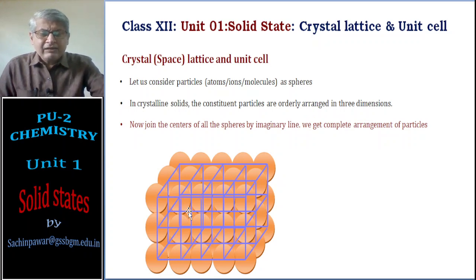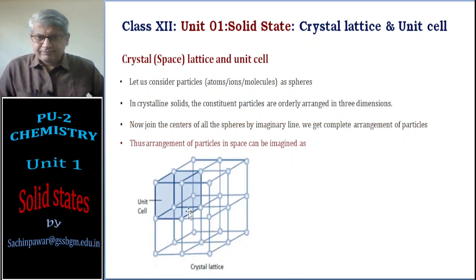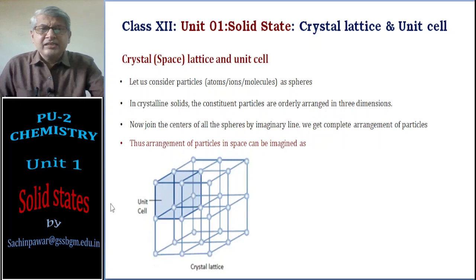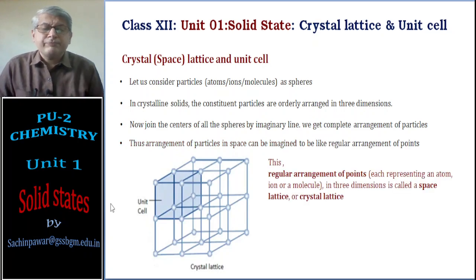Then I will get a structure like this. Here this is called a crystal lattice or a space lattice, where the particles are arranged in three dimensions in a proper order, and that gives the entire network of particles in a solid.